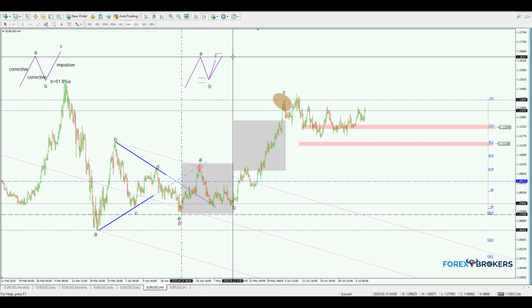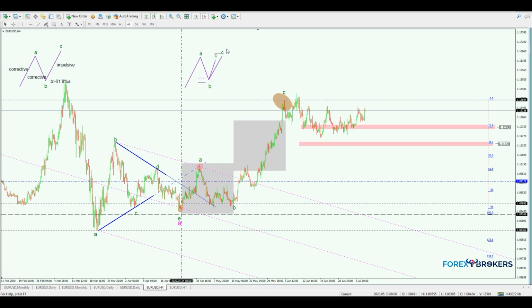So between 100 and 123.6 is the end of the C wave. If the impulsive wave in the C wave ends in this territory, that is called a flat with a B failure. So we have a flat with a B failure and a flat with a double failure.